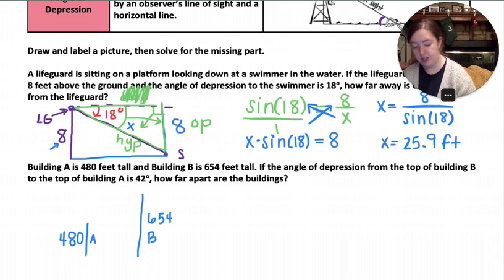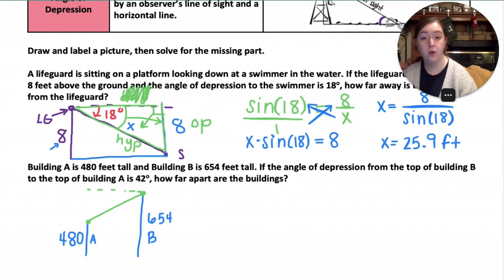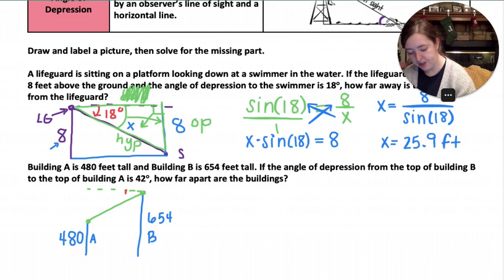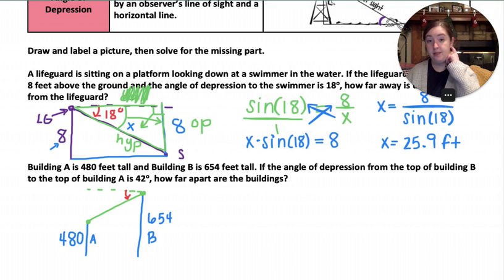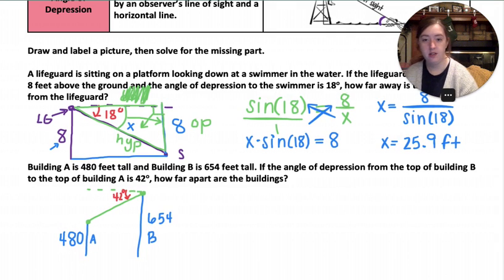The angle of depression from the top of building B to the top of building A is 42 degrees. So here's that line of sight. Here's our horizontal. From the horizontal down is my angle of depression, so that's going to be 42. Good deal.